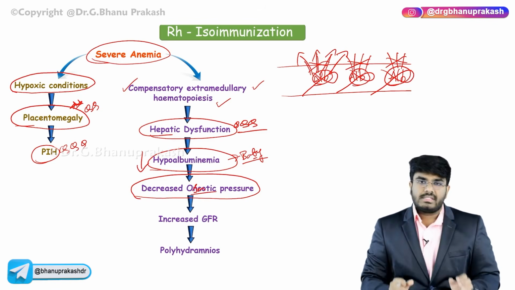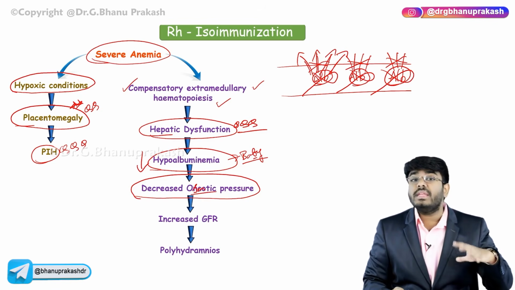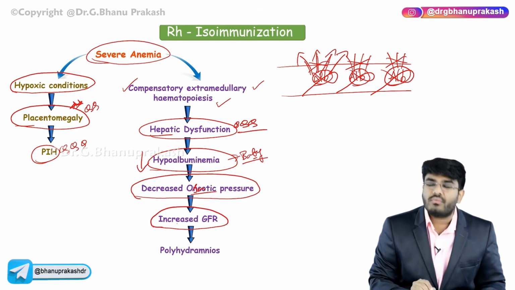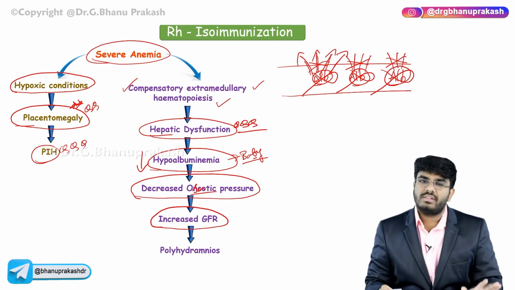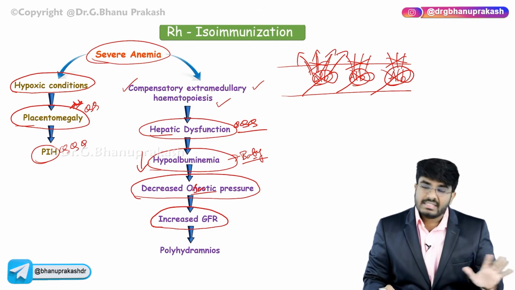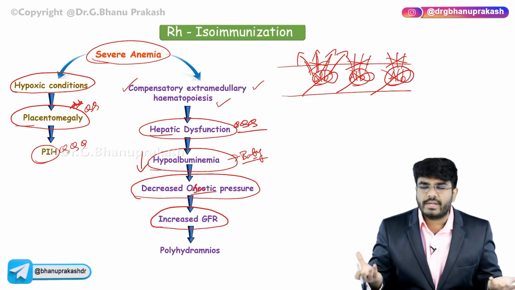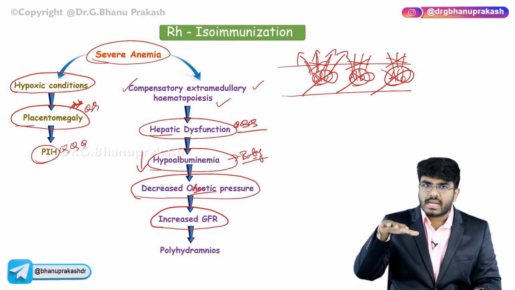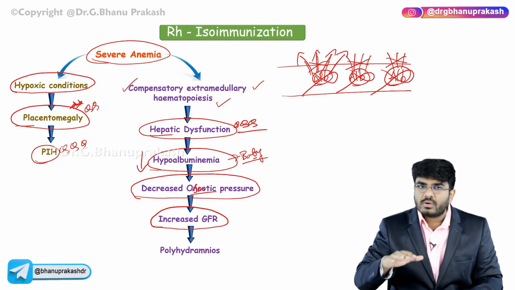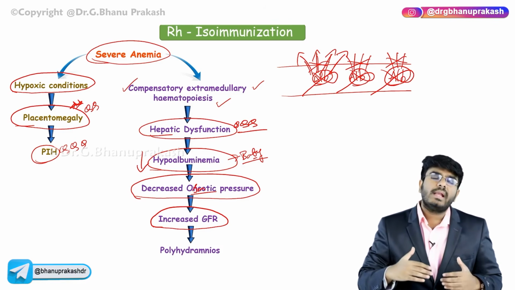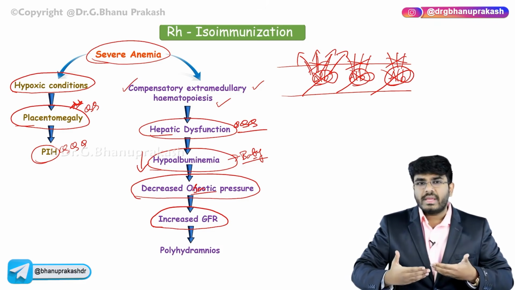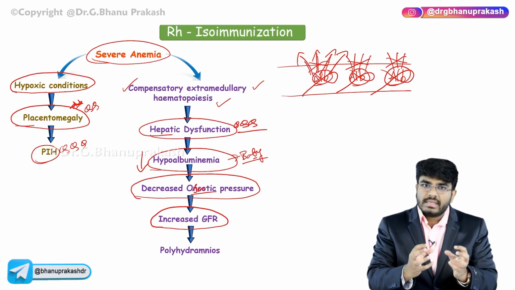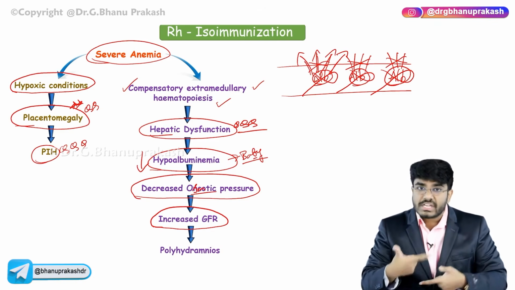Now, this decrease in osmotic pressure is very important at the level of the kidneys. That leads to increased GFR. For whoever has studied physiology, it's very self-explanatory. Whenever osmotic pressure goes down, hydrostatic pressure automatically increases. Whenever hydrostatic pressure increases, it's very easy for fluids to leak out, and this fluid now leaks into the glomerulus for filtration.